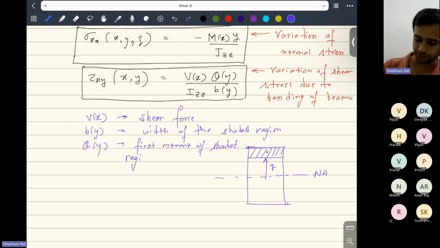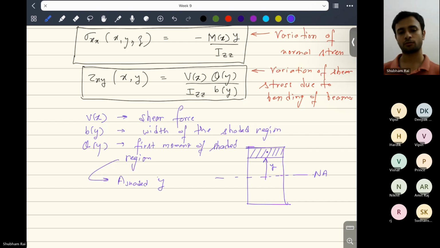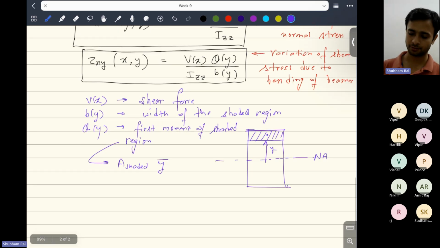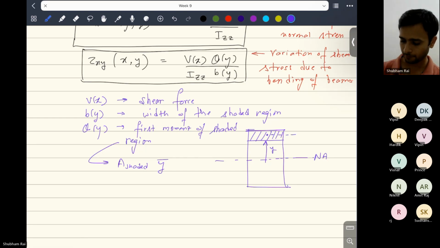You can also write it as the area of the shaded region times the y coordinate of the centroid of the shaded region. The y coordinate of the centroid of the shaded region is this, y1.